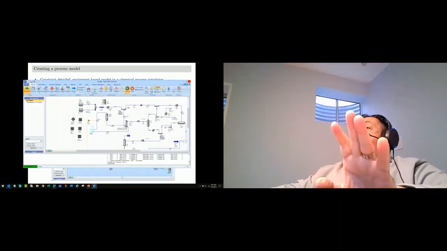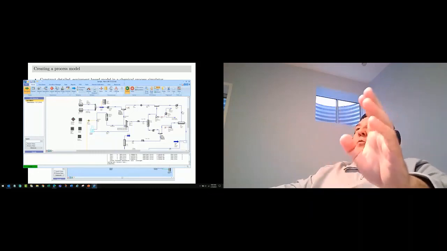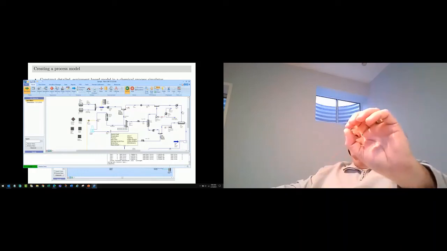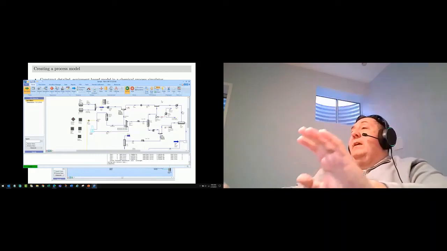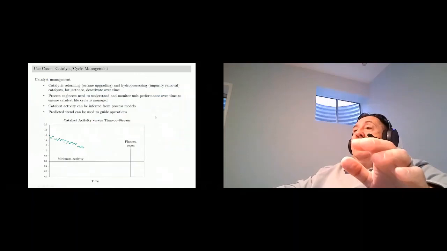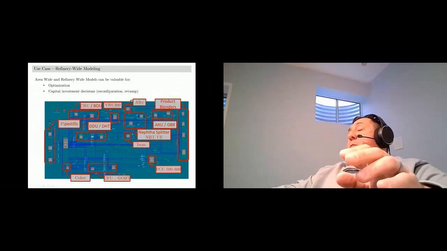But within BP, we have maybe, on the order of 100 different types of models like this to simulate different parts of all of our refineries. And you can actually make a gigantic model that represents an entire refinery and involves, this is a refinery-wide model. So this is for our Whiting refinery.